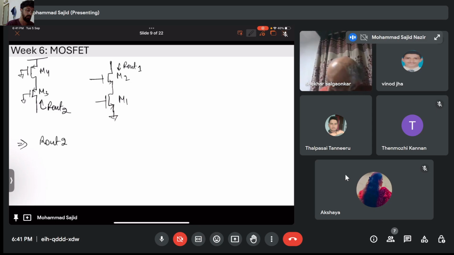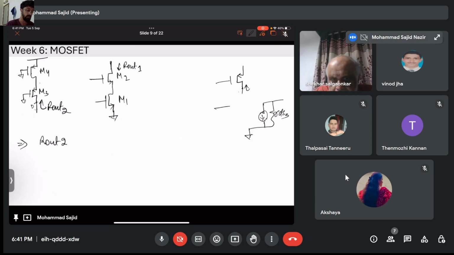To make it easy for you, let's first see. We are looking into this terminal. This is drain, so we are looking into drain. Let's see first for a simple transistor, it will be RDS3.